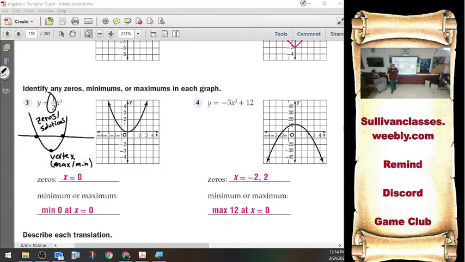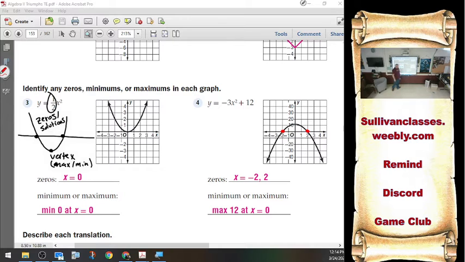How do I know where the maximum is when the scale is goofy like that? How do I know that's at 12? How do I know it's not at 13? How do I know it's not 12.1? Because if you go halfway, then it's 15. Okay. How about halfway in between my zeros?